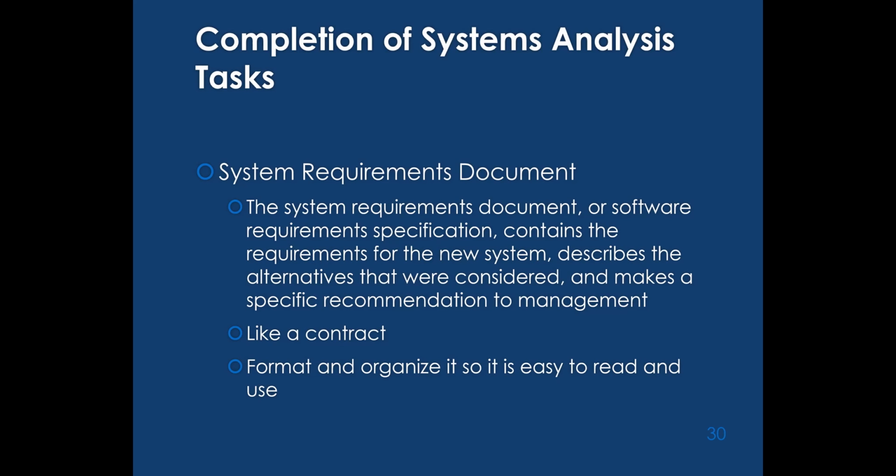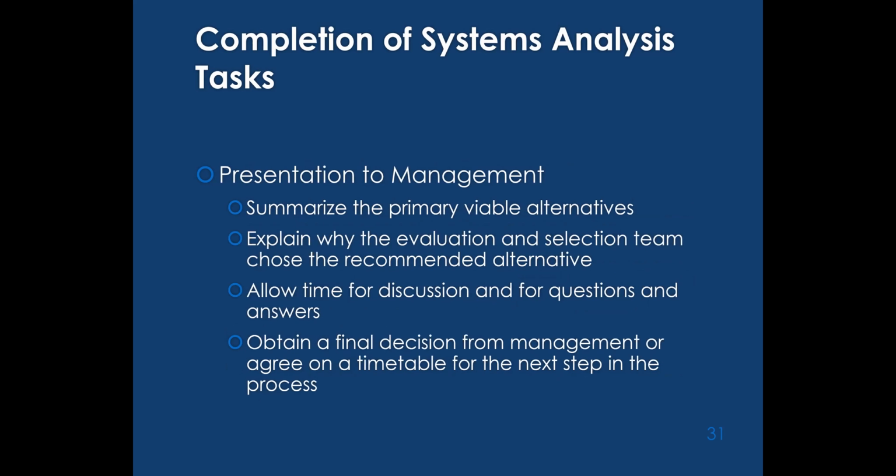After that, you also have the next chapter that talks about the vendors that you searched for, and who is the winner. You summarize everything in the system requirement document.